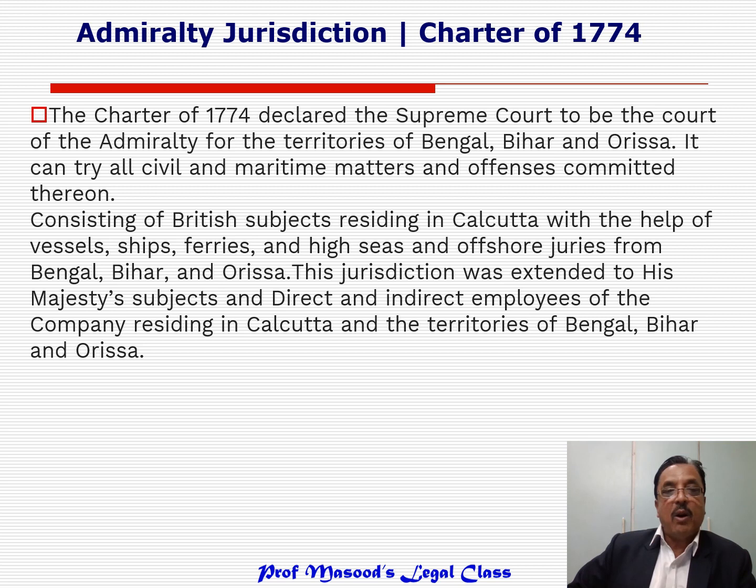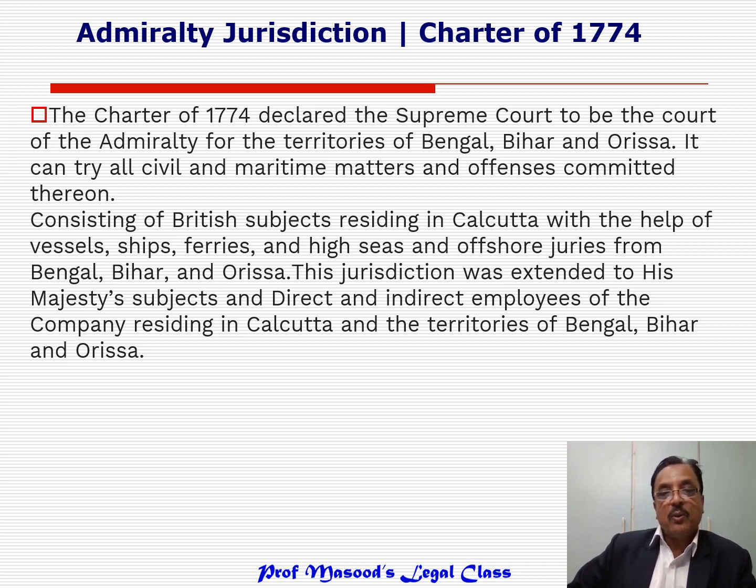It could try all civil and maritime matters and offences committed thereon, concerning British subjects residing in Calcutta, with the help of vessels, ships, ferries, and high seas, and juries from Bengal, Bihar, and Orissa.